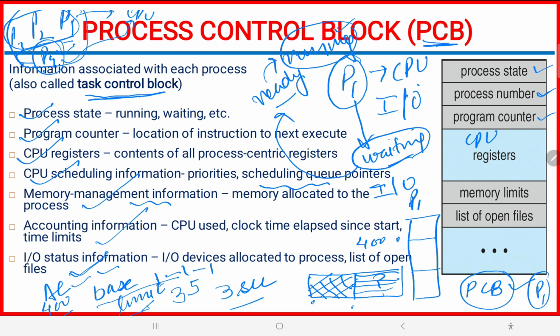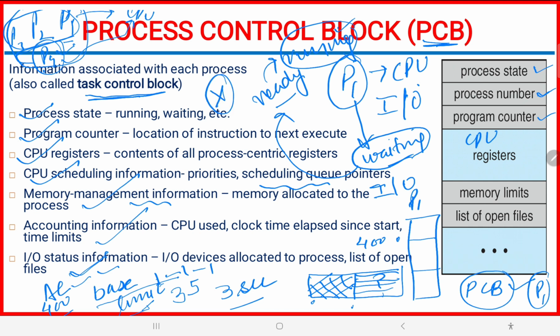As I told you earlier, the process control block keeps up-to-date information about the process during its execution. The moment the process is terminated, the process control block for that process no longer exists.